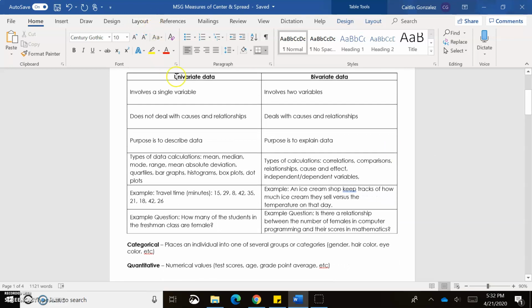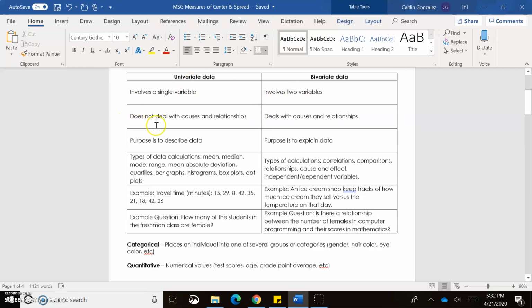So one of those is called univariate data, and basically think about the prefix there, uni means one, so this is involving just a single variable, which is where the word variate comes from, so one variable. And then there's also bivariate data, which involves two variables, so the prefix bi means two.